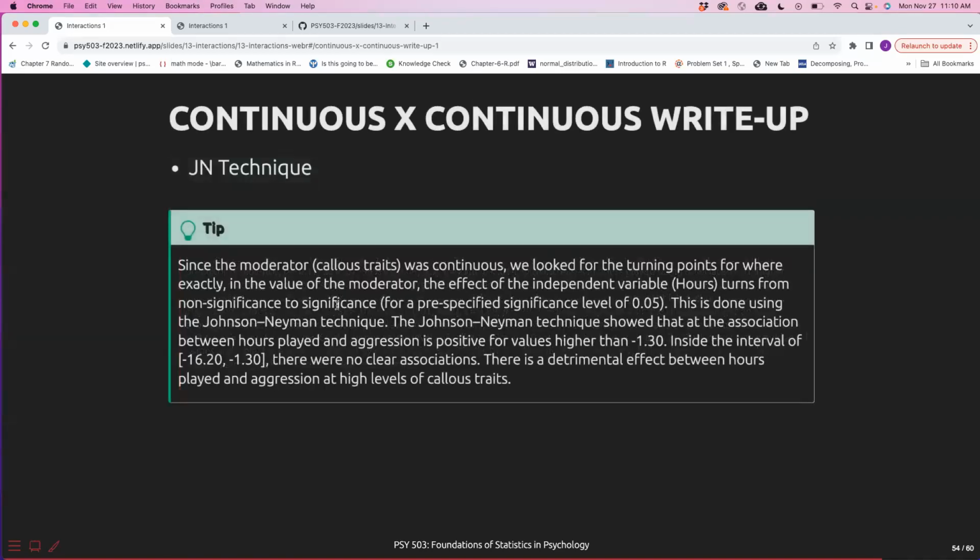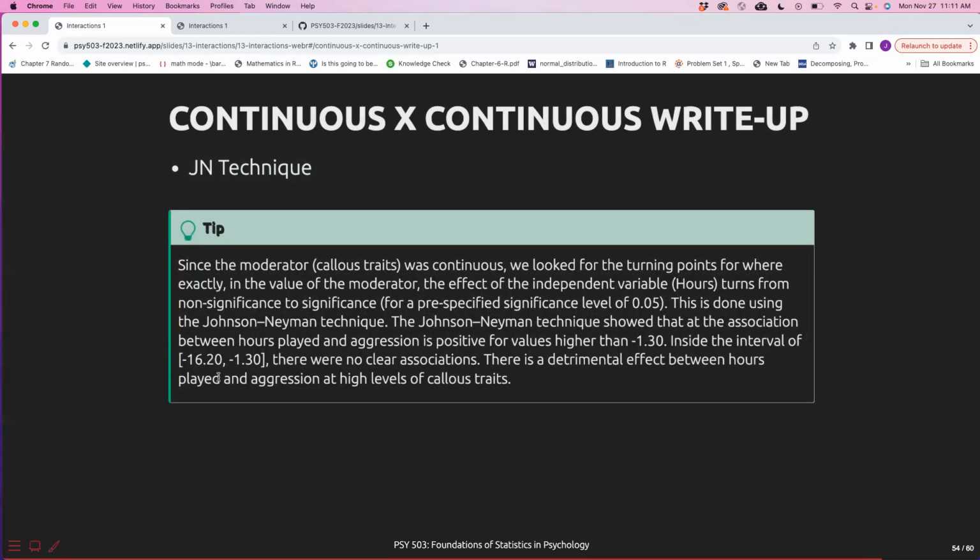I also have a sample write-up if we're going to use the Johnson-Neyman technique. Since the moderator was continuous, we looked for turning points, so where in the value of the moderator the effect turns from non-significant to significant. I said the Johnson-Neyman technique showed that the association between hours played and aggression is positive for higher values than negative 1.30.